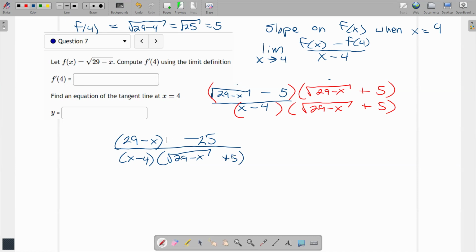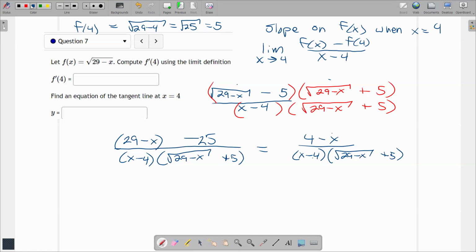Okay, numerator cleans up. 29 minus 25 is 4. So this becomes 4 minus x over x minus 4. Those two divided are going to be a negative 1.